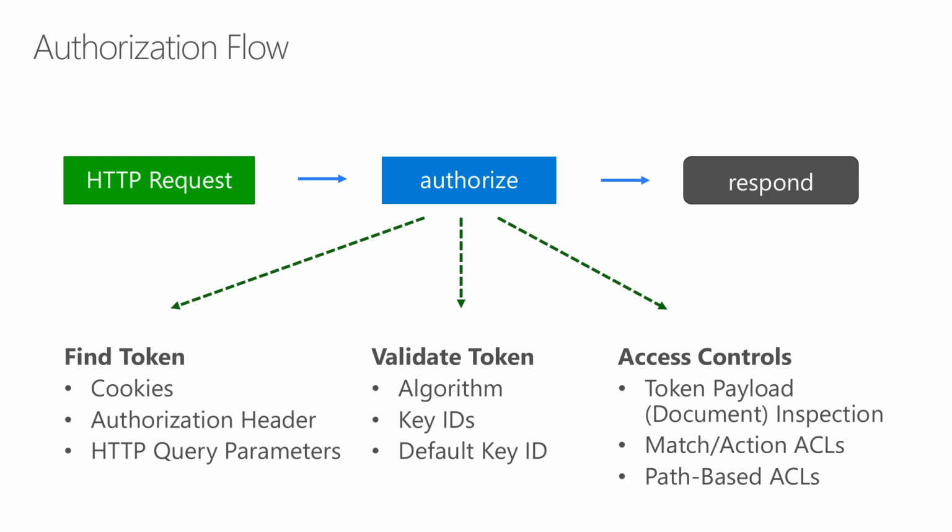And then if that is successful, it goes to the access control. So it looks at the token payload, which we'll discuss later. It will perform those match conditions, and it will either allow or deny it.